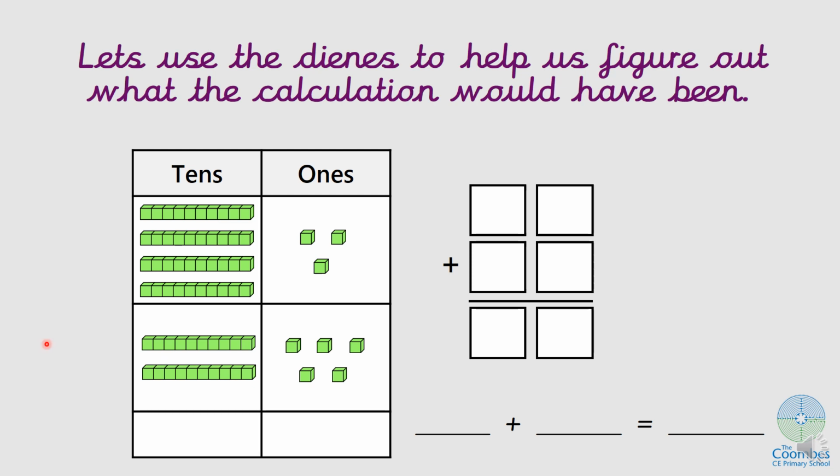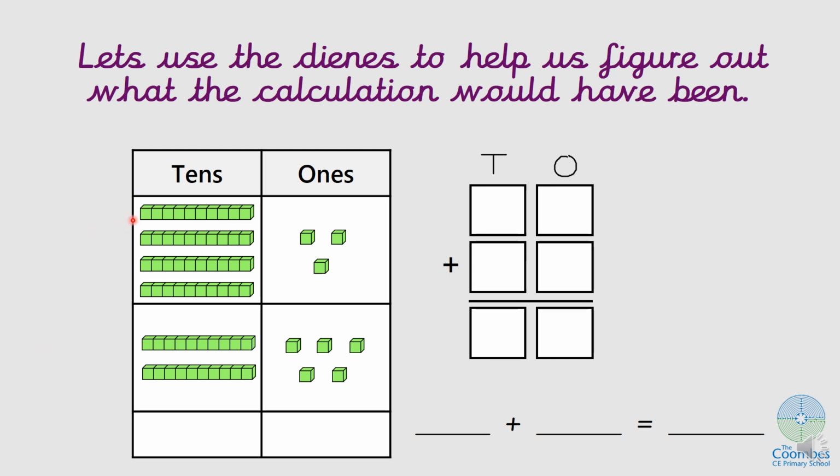So this time we're going to try it the other way around. So we've already got our Dienes for our tens and our ones, and we are needing to find out what the column addition is. So with our column addition, we need to work out our tens and our ones. So let's look at our Dienes and let's look at our tens column for our first number.